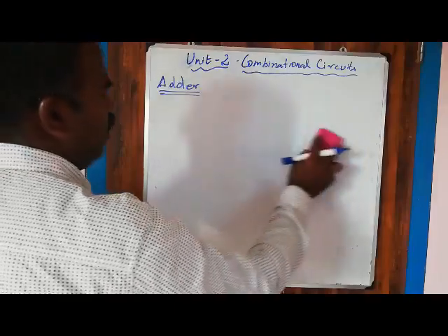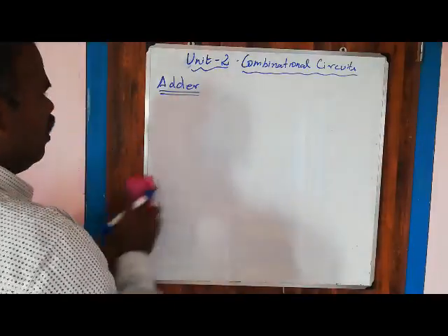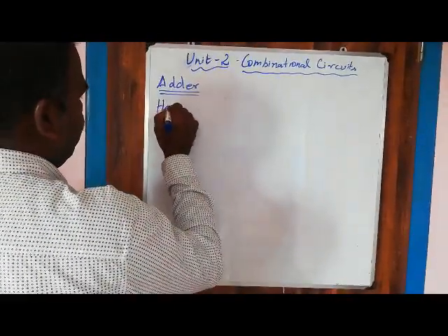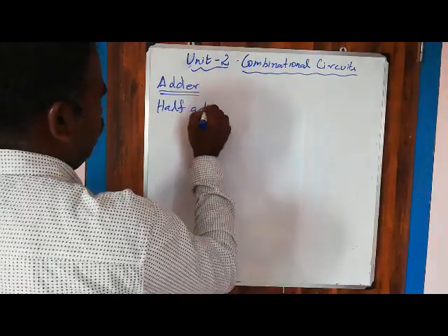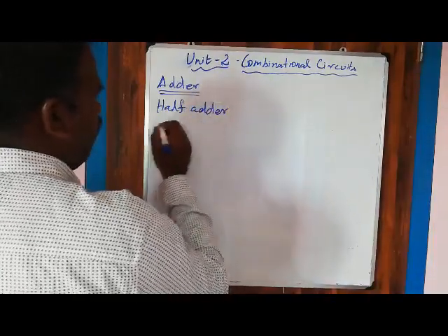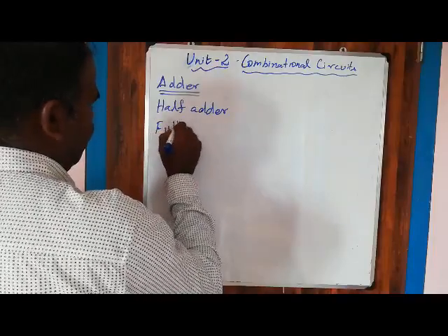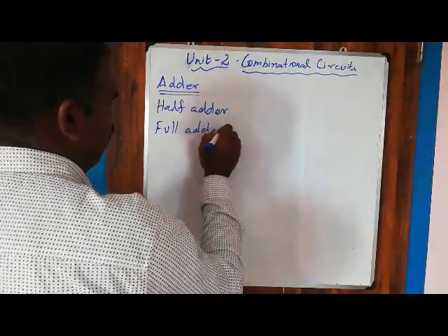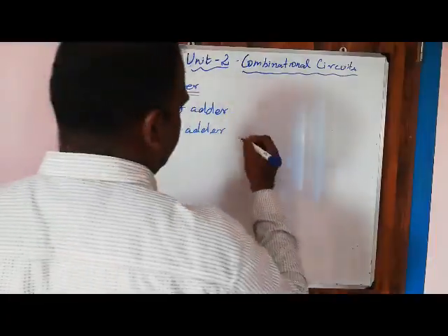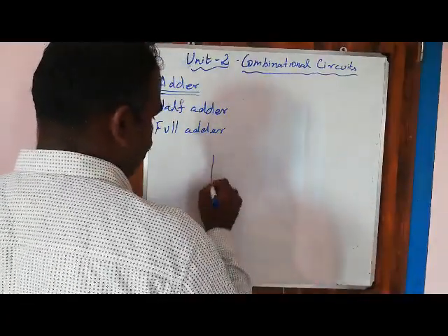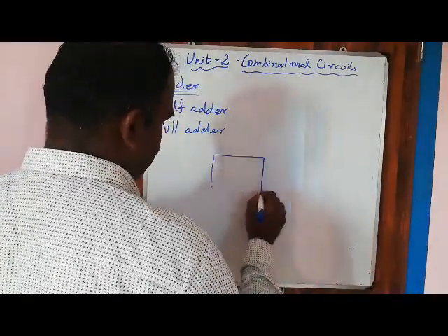Next we will see the types of adder. Adder we can divide into two, one is half adder, and another one is full adder. If the input variable is 2, then it is a half adder.